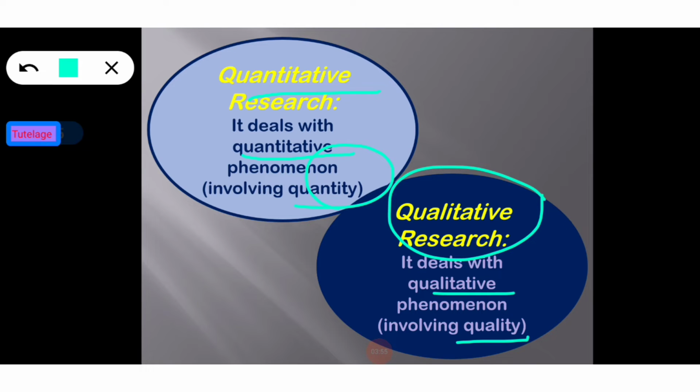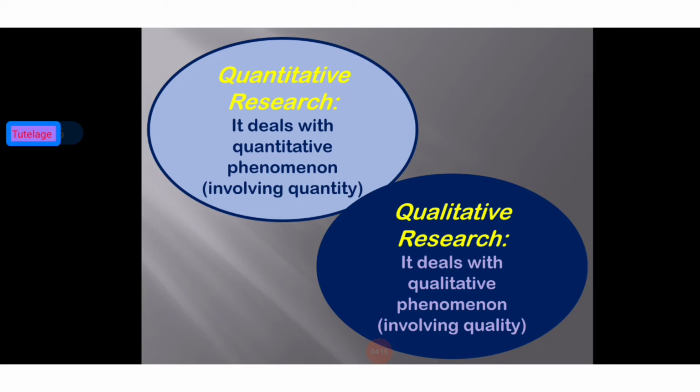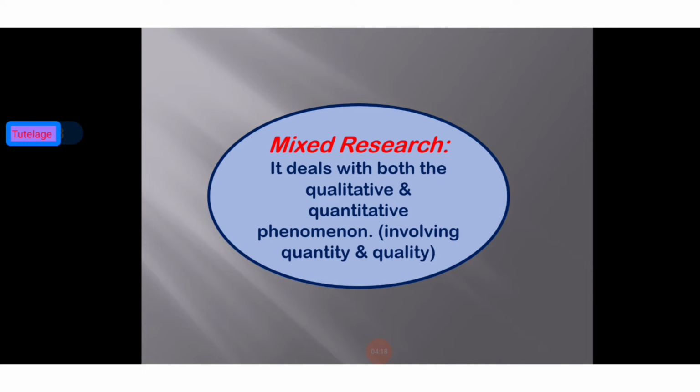So quantitative research basically tells about how much or how many, and qualitative research tells about why. It provides understanding of the problem, attitude, behavior, etc. Okay? So now move on to the next type, that is mixed research.